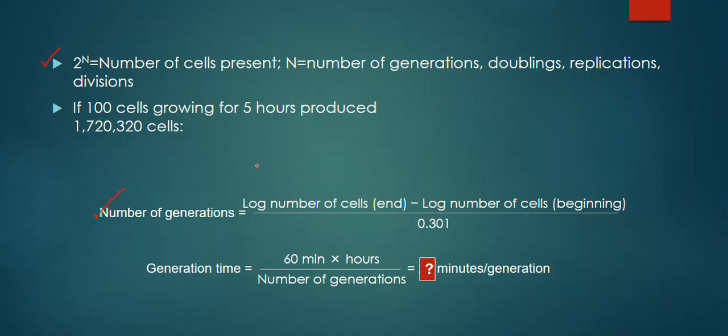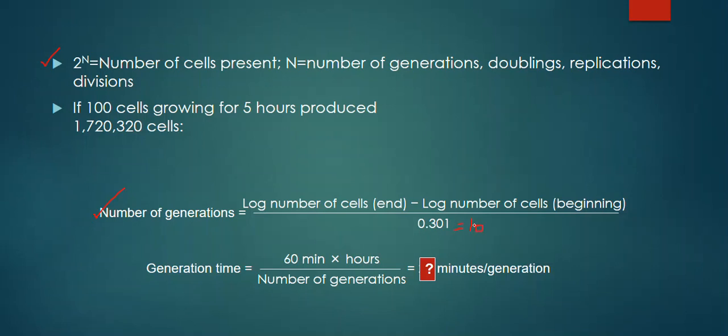We're going to turn those numbers into the log form. And because one cell always becomes how many? 2 cells. Then we're going to use the log of 2. Take out your calculators and tell me what the log of 2 is. And the log of 2 is 0.301. So this just equals the log of 2.